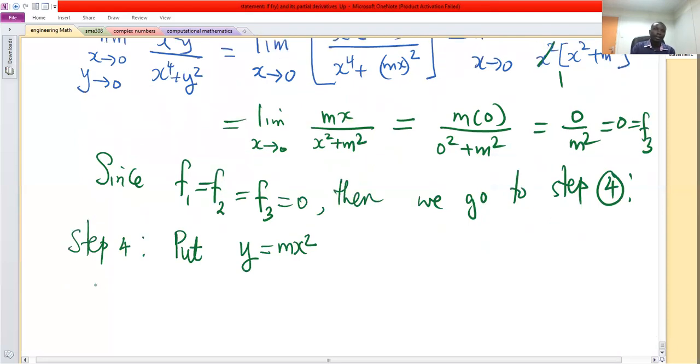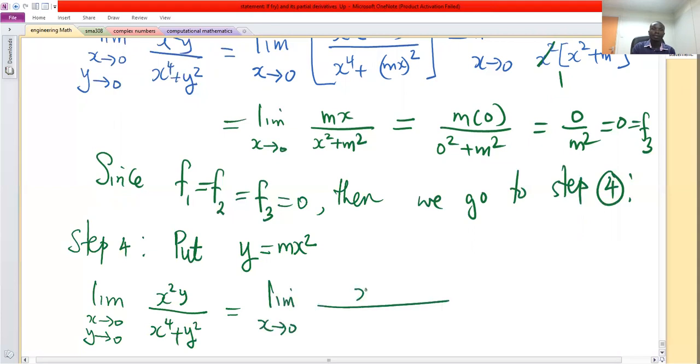Which means the limit as x approaches 0, y approaches 0 of x squared y over x to the power 4 plus y squared will be the limit as x approaches 0 of x squared, where for y you put mx squared, over x to the power 4 plus mx squared to the power 2. This time round I can factor out x to the power 4.